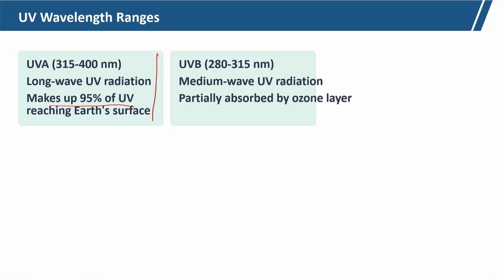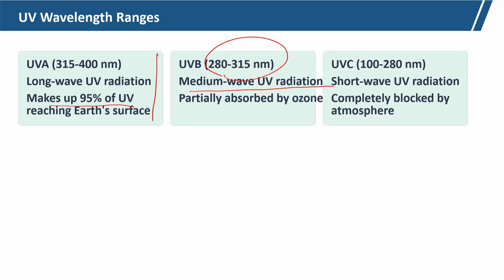And UVB is medium wavelength, in the range 280 to 315, partially absorbed by the ozone layer. And UVC is short wavelength with high energy, completely blocked by the atmosphere, mainly through the ozone layer.